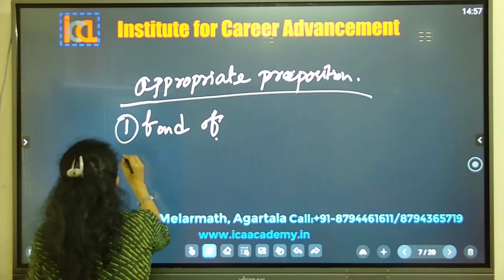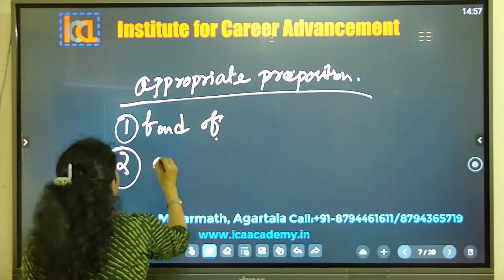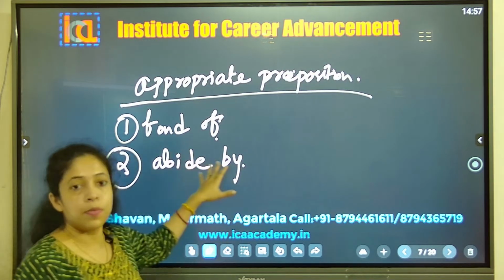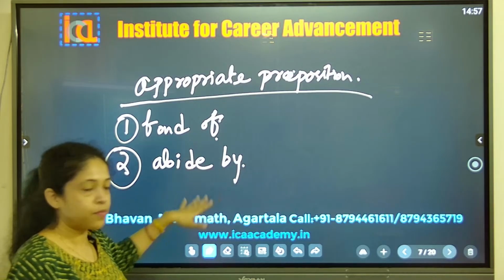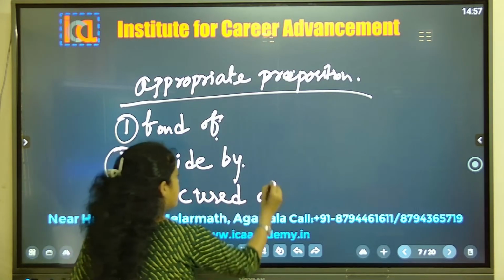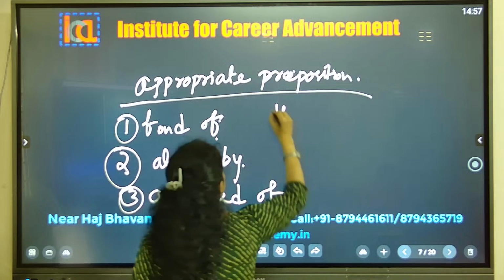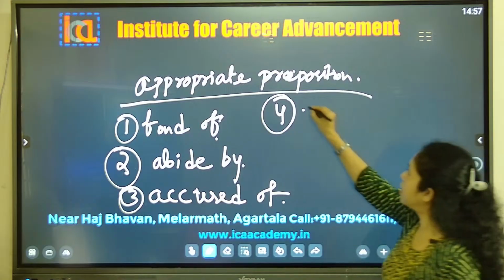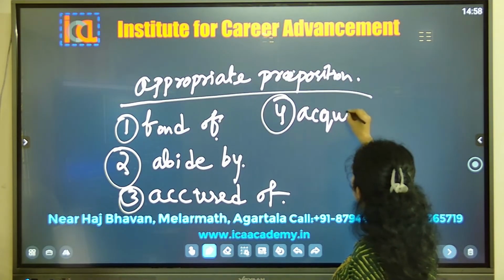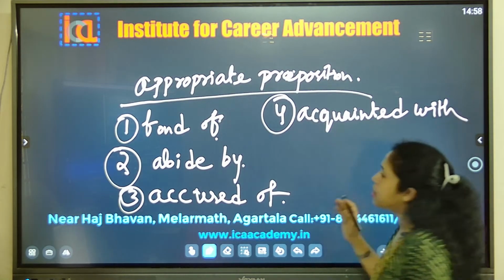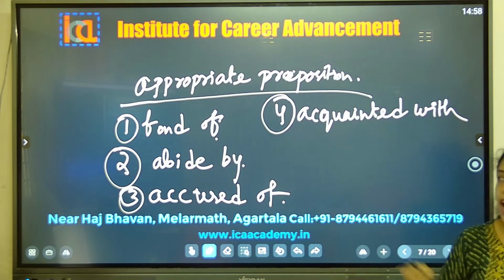Then abide by. These are the common appropriate prepositions we use. Abide by. Then number 3, accused of. Accused of. Then acquainted with. These have particular meanings also. Acquainted means I am well familiar with. Acquainted with.